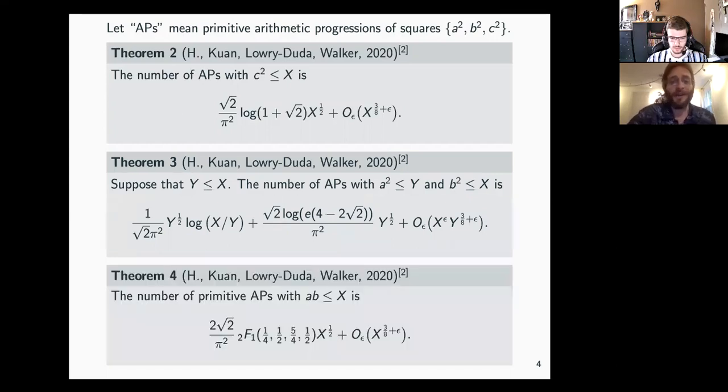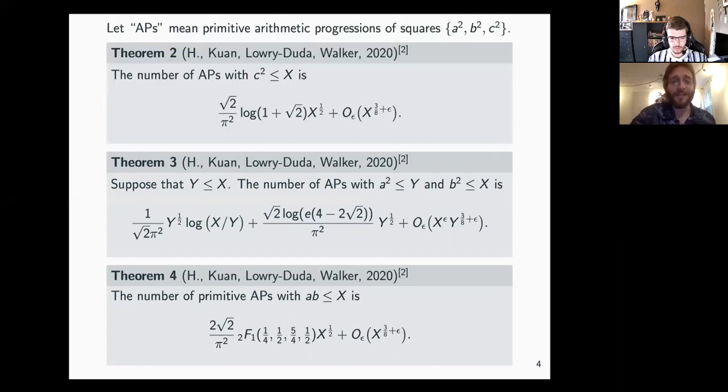And the number of arithmetic progressions where the product of the least term and the middle term is bounded is given by this particular asymptotic, where the main term is actually governed by a special value of a hypergeometric function.